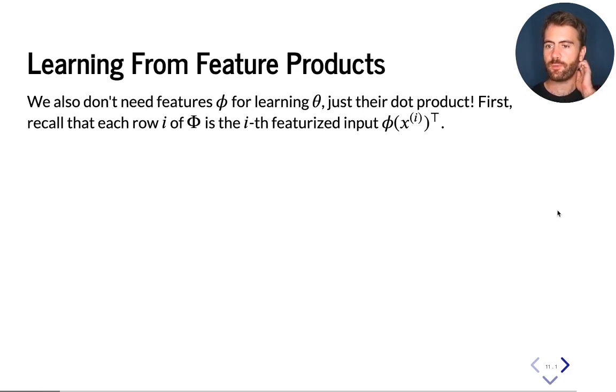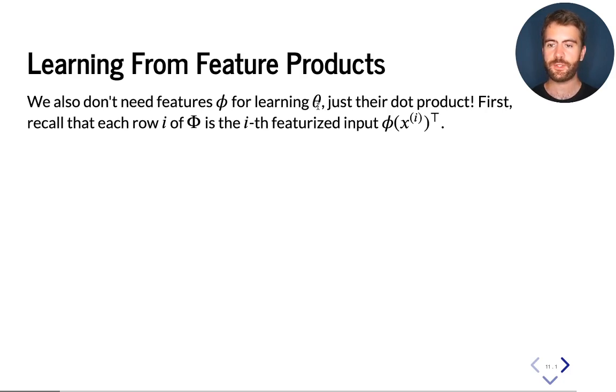This trick is even more general than what I said earlier. It's more general because we don't need the features themselves, but only their dot products, not only for making predictions, but also for learning theta.